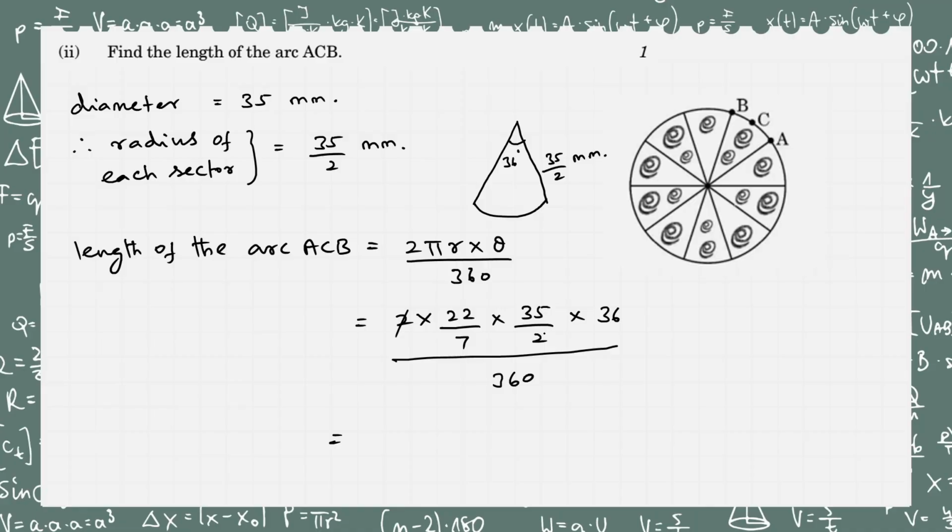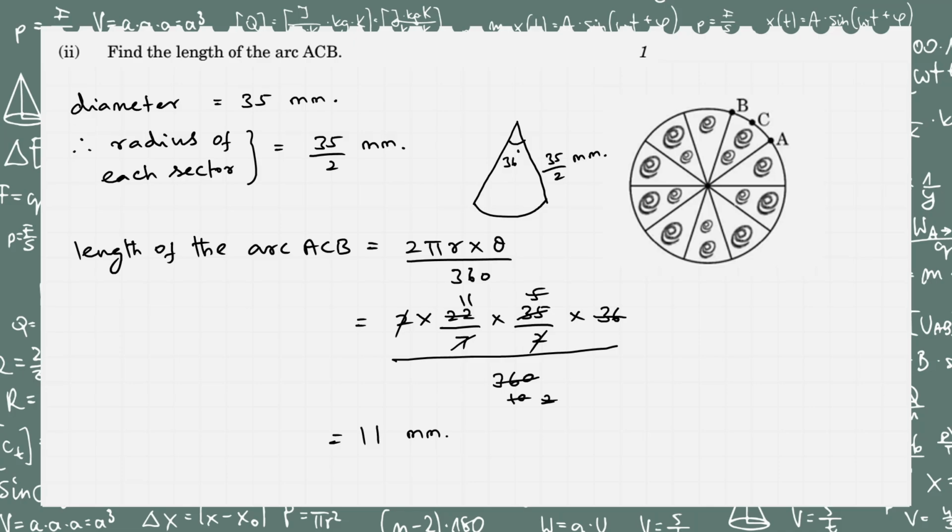This 2 and this 2 will cancel each other, and 7 and 35 5 times we can cross out, and 36 and 360 we can cut 10 times, and 5 and 10 we can cut 2 times, 2 and 22 we can cut 11 times. So we are ended up having 11 finally. So length of the arc ACB is equal to 11 millimeters.